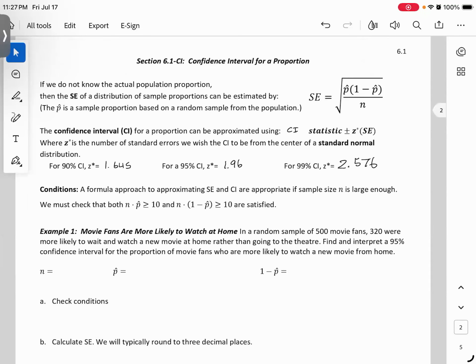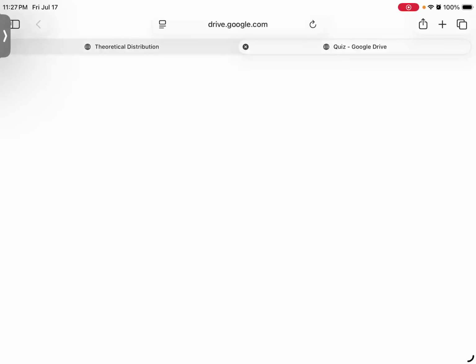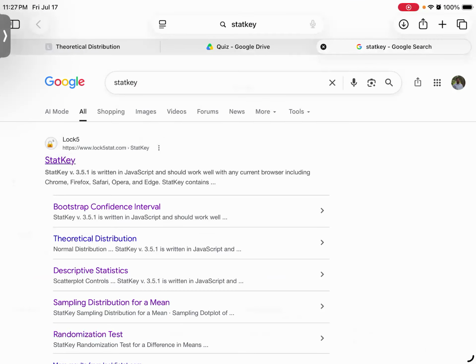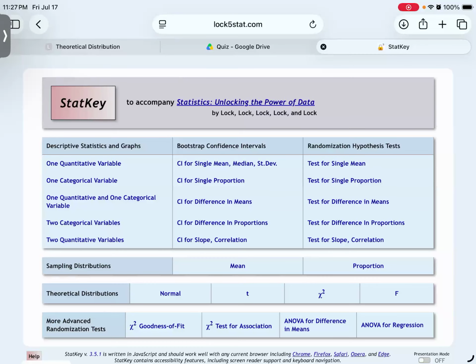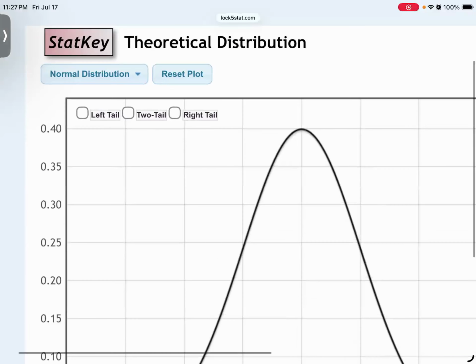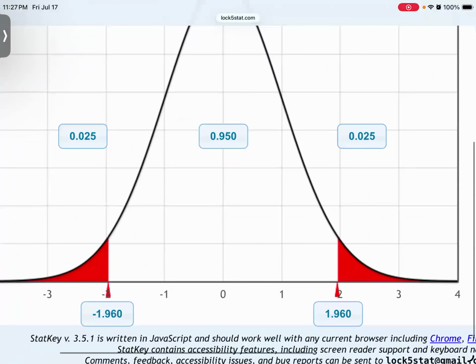As I mentioned, I'll show you. If I go over to the normal distribution to show you the way that it lines up, I've got StatKey right here, and I go to the normal distribution, and let's say I click the two tail to do a 95% interval. There you see at the bottom, it's got the negative 1.96, and the 1.96 to the positive side.